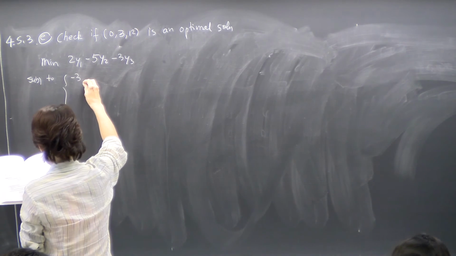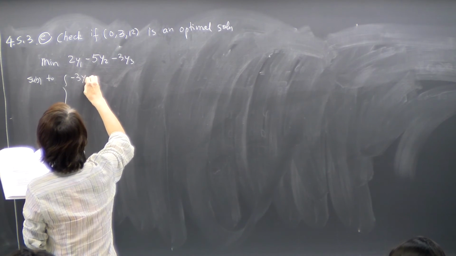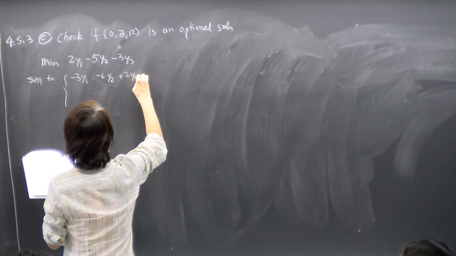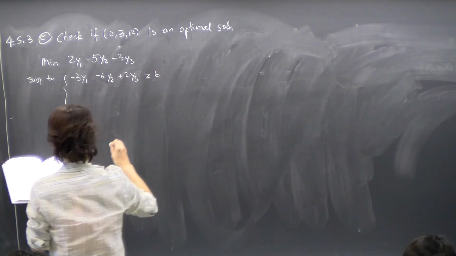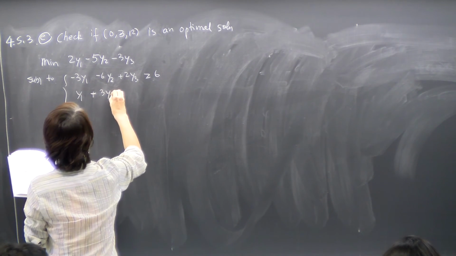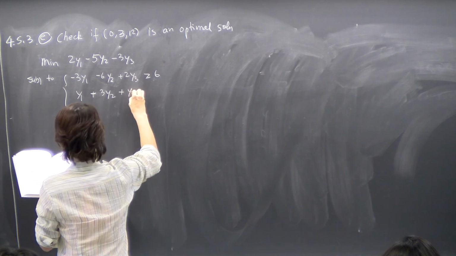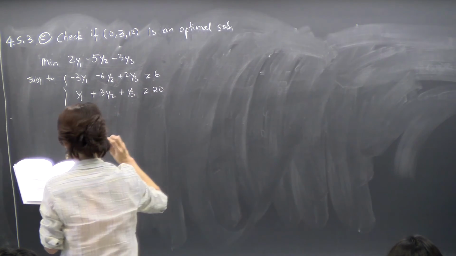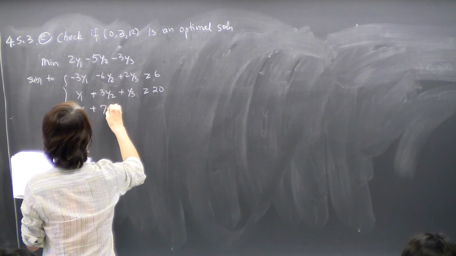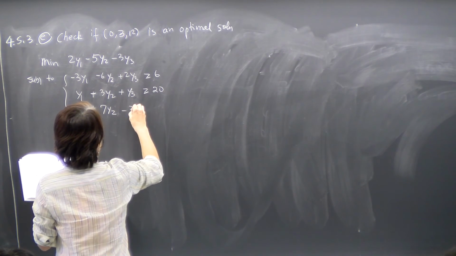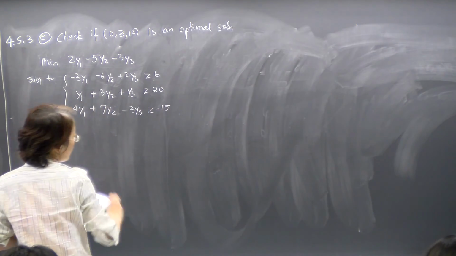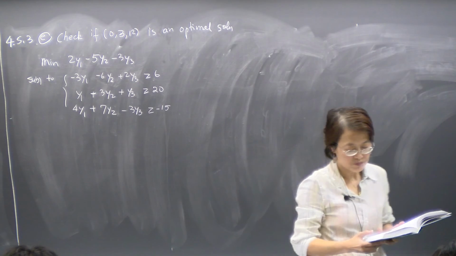Negative 3y1, negative 6y2, 2y3, 6y1 plus 3y2. Okay, they're all positive, so I'm not writing that.